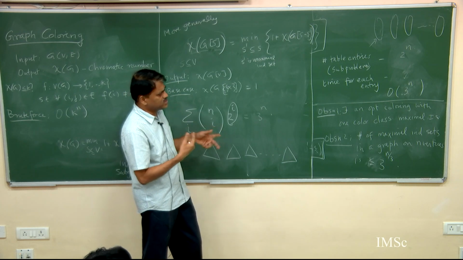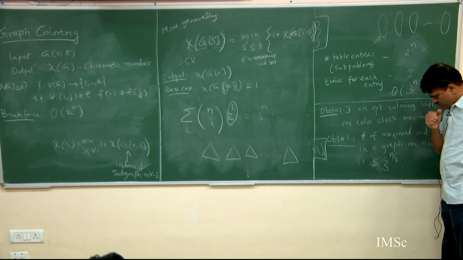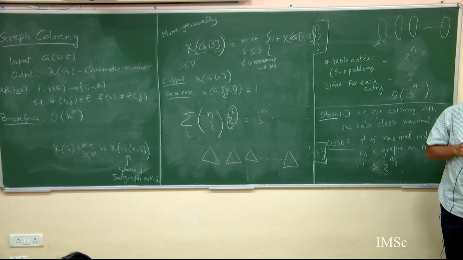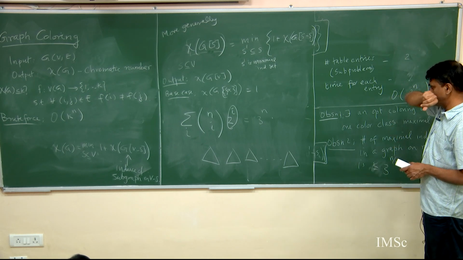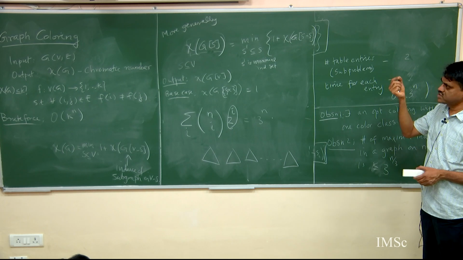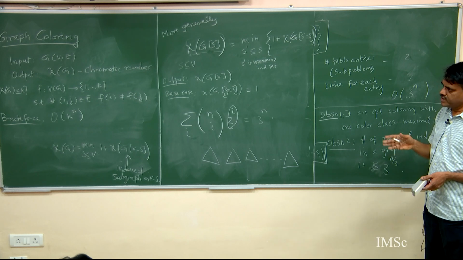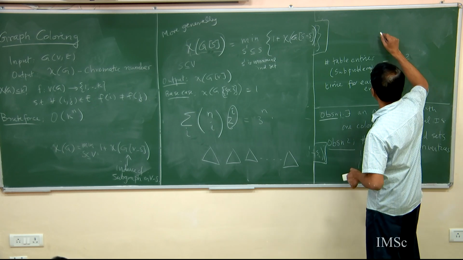The argument is actually sort of a recursive thing. How do you prove this? Let's say I pick one vertex into the independent set. Then I immediately exclude all its neighbors, right.